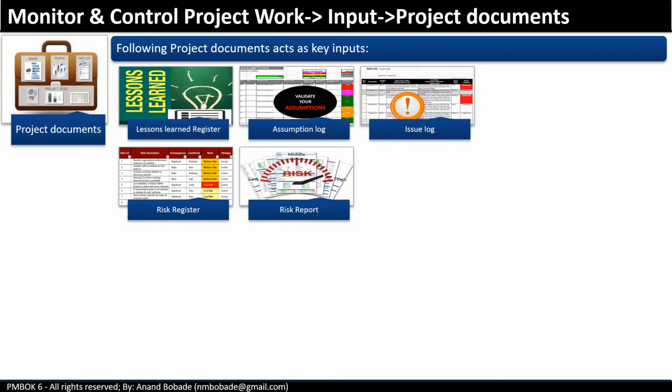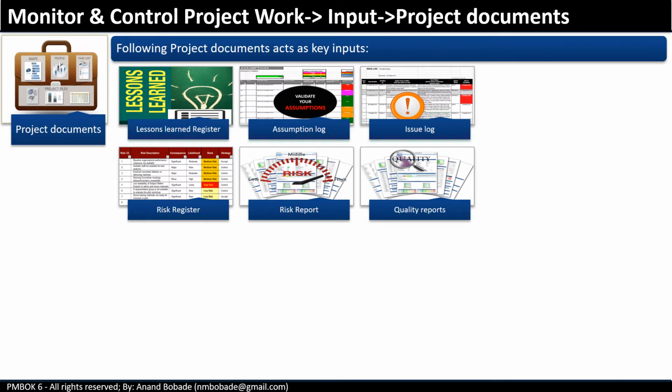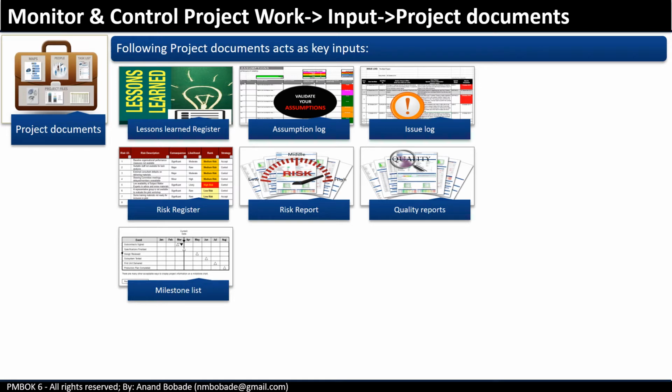The risk report provides information on specific risks in that time period and overall project risk. Quality report. This includes quality management issues and recommendations on process or product improvement. The milestone list shows the scheduled date for specific milestones. It can be project milestones, contractual milestones, etc.